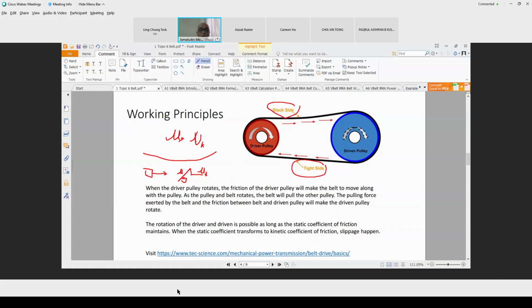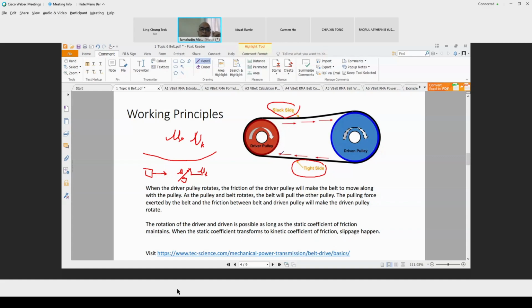Similarly, as this moves, as long as the load here is not beyond the static maximum, that means there is no relative motion between the pulley and the belt. That means it's going to move smoothly. When, let's say, I put in more power, what's going to happen? It's going to be kinematic.